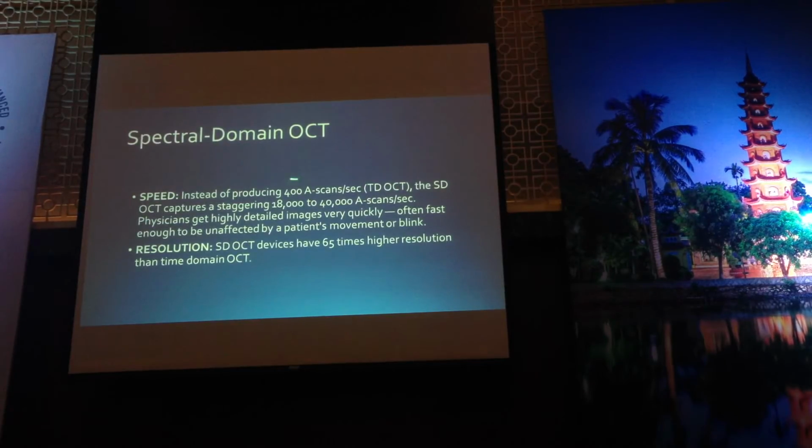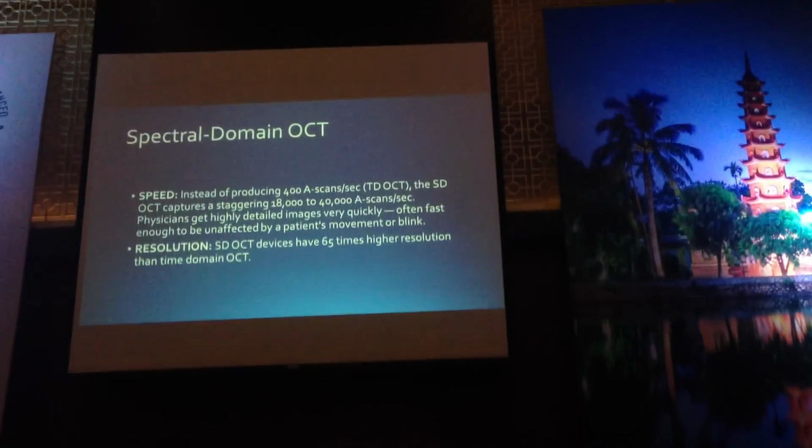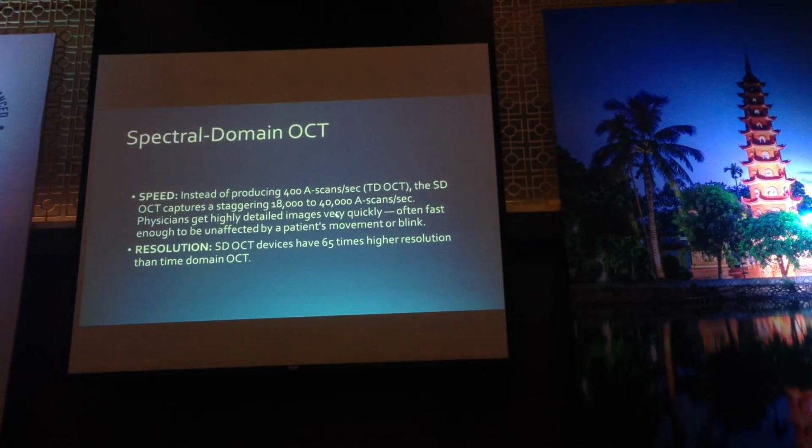I mentioned to you already that the time domain produces about 400 A scans per second, right? But the spectral domain OCT has about 1,000 times higher speed than the time domain OCT, around 20,000 to 40,000 scans per second.